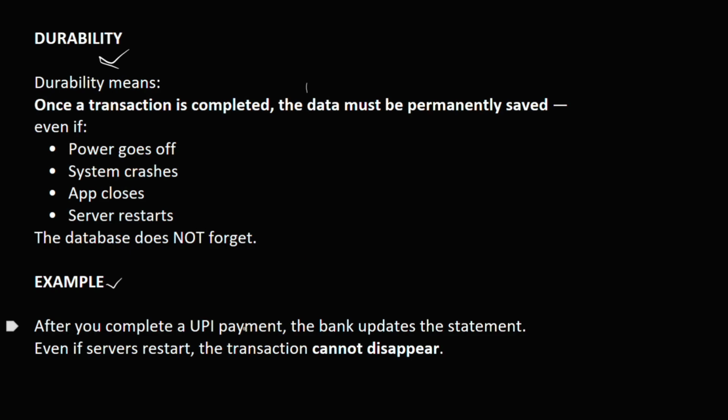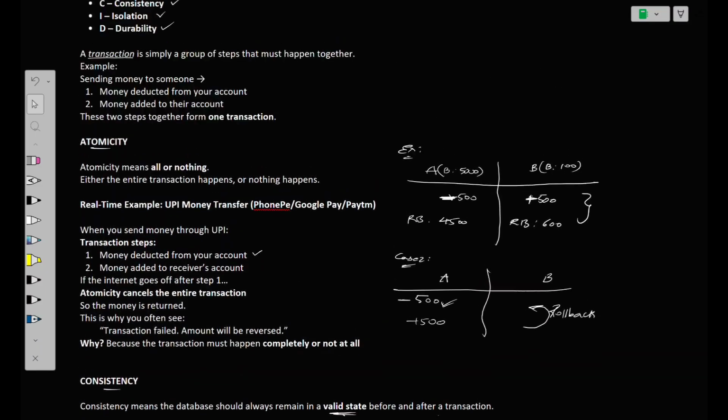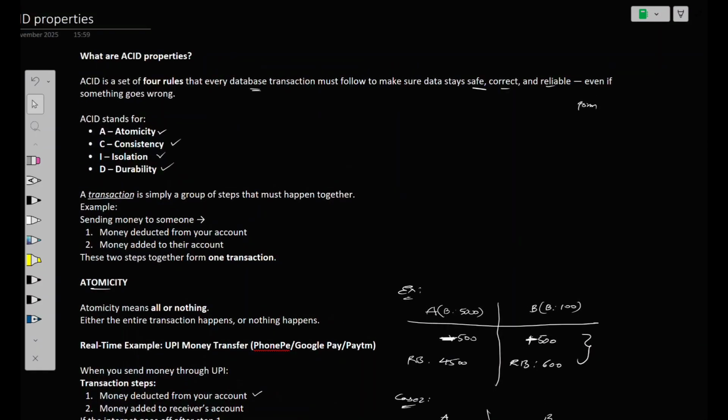After you complete a UPI payment, the bank updates the statement. Even if the server restarts or the app closes, the transaction cannot disappear. So this is durability. I hope you got some idea about these ACID properties.